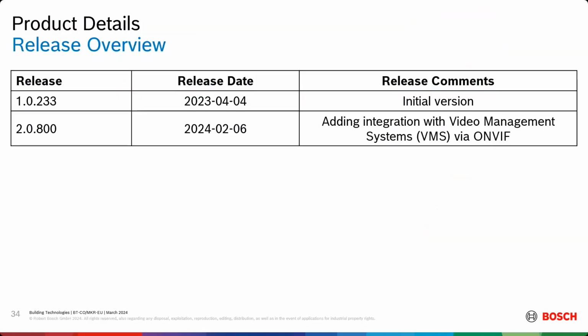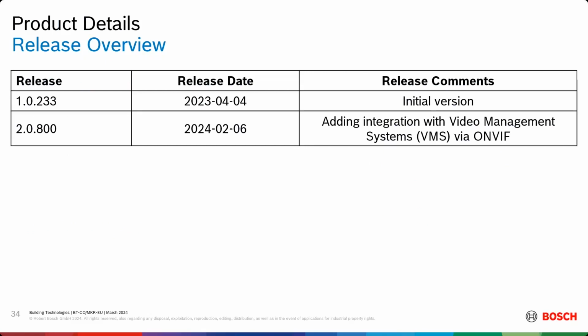Let's have now a closer look at the different firmware releases. Version 1.0 was the initial version released in April 23, and version 2.0 adds, as described now, the possibility to integrate the IP horn and the amp via ONVIF into a video management system.